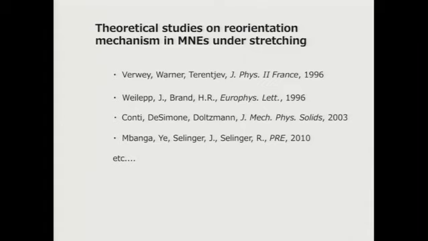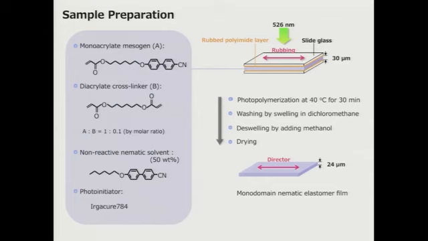There are also some theoretical studies of these issues, but they mainly focus on the formation of stripe domains. Quite recently, we did this classical experiment using our samples. Personally, I wanted to see the stripe domains with my own eyes, but my students found a different type of phenomenon. So I will show you that.